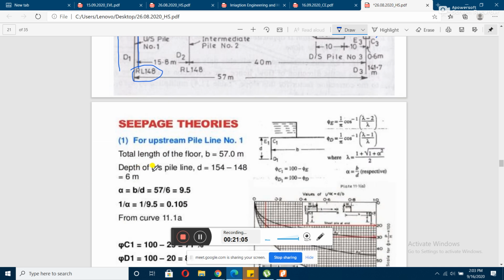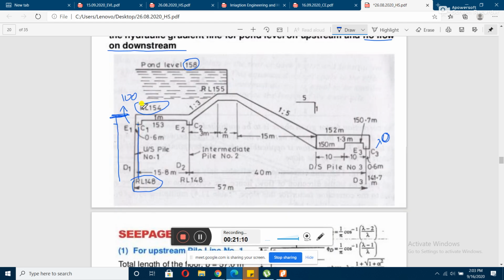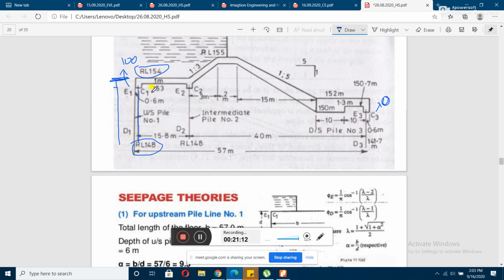So the depth of the upstream pile line is 154 minus 148. Why am I repeating this? Because we are considering only the top fiber while considering the simple profile number 1.